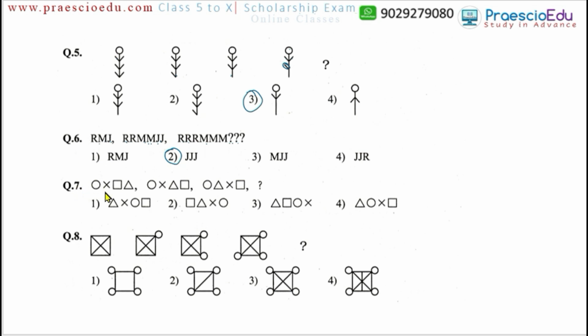Now question number 7, here circle, here also the circle, and here also the circle, means circle is fixed for the leftmost. Okay, so then this cross and then again the cross, but this is moving. Here the logic is that if you see the cross, the interchanging here is first from the right side and the second from the right side.